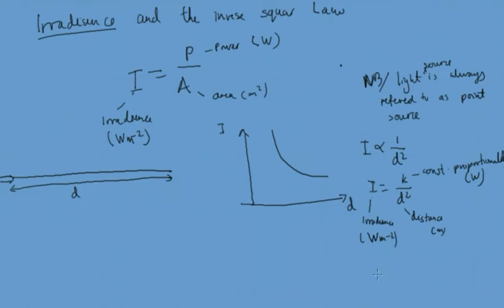Let us look at an example. A commercially available pointer. When you say pointer, it's kind of laser pen things that you would use to point at a screen during a lecture or similar.